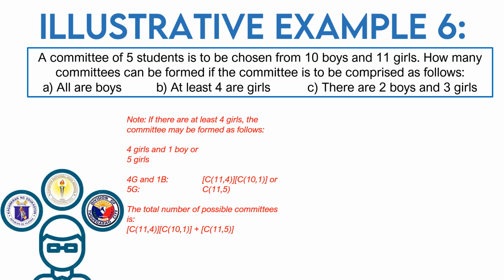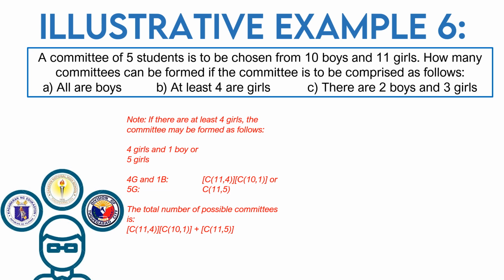Notice that there is also the word or. There are 2 options, the first or the second option. So the mathematical implication of the word or is addition. So the total number of possible committees would be combination of 11 taken 4 at a time times combination of 10 taken 1 at a time plus combination of 11 taken 5 at a time.